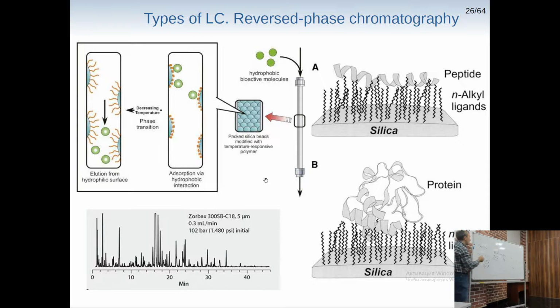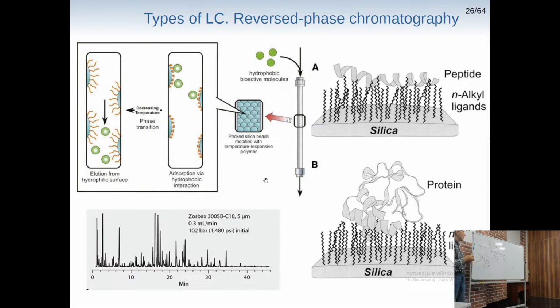And if you have a column which is packed with this C18 phase, it will move with the flow, but it will move really slowly. Days and months will be needed to get this protein with high hydrophobicity to come out of the column.